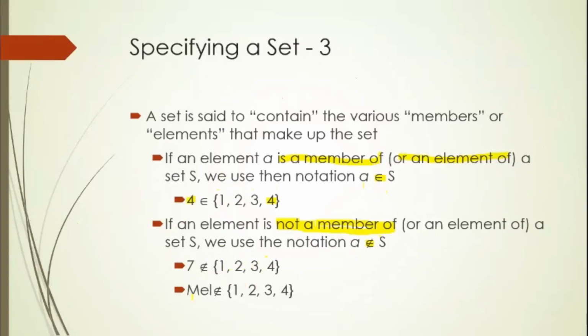As well, this name is not an element of our collection of numbers, so definitely this is not an element, and the answer should be yes, it's not an element of. So again, without the diagonal, it means is a member of or an element of. With the diagonal, it means not a member of or not an element of.